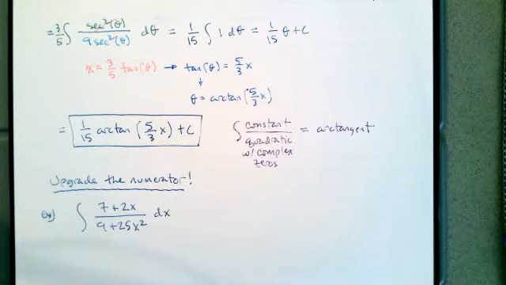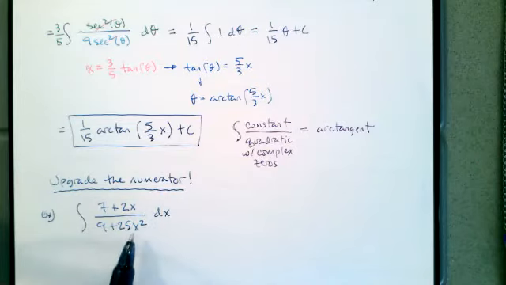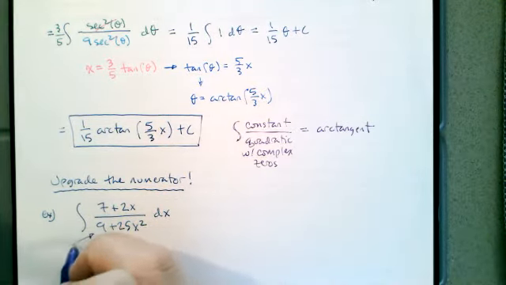Rational function. We notice that this is different than the previous one. It's different than a constant over a quadratic with complex zeros, because we also have this linear function over a quadratic with complex zeros. But the key thing that you want to notice here is that the denominator is quadratic with complex zeros.